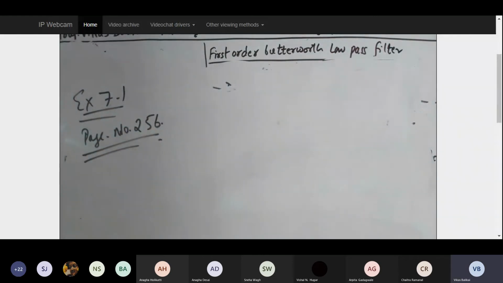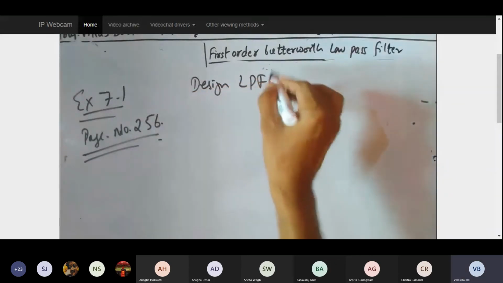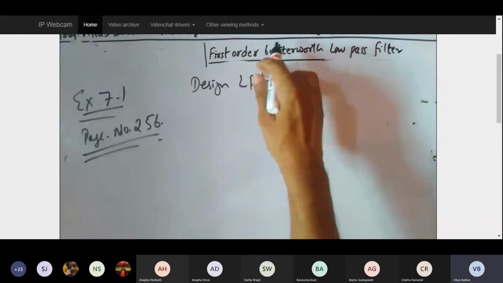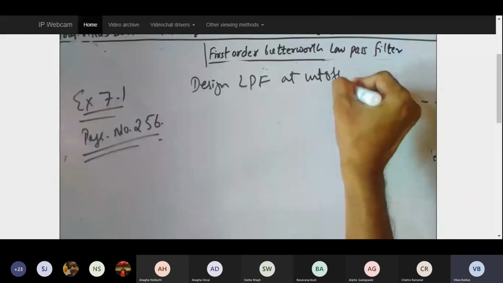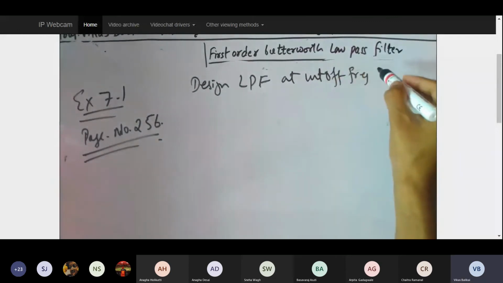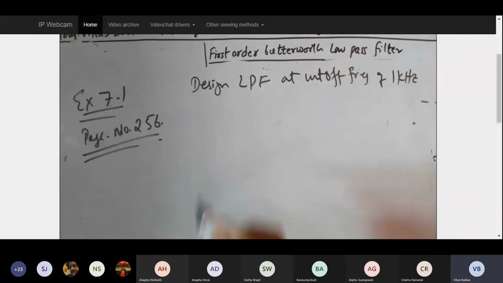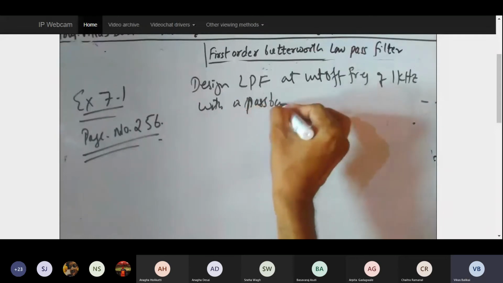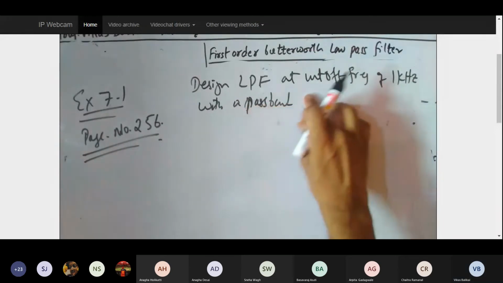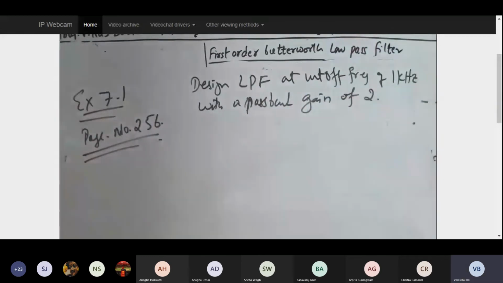The problem says: design a low pass filter, LPF, for a cutoff frequency of 1 kilohertz and with a passband gain of 2. So this is my problem statement, simple.